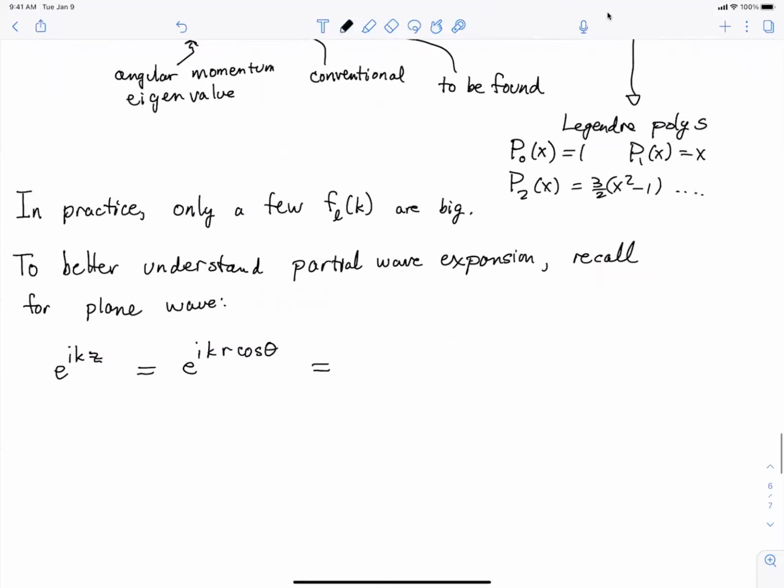And then last semester, we decided that you could write this also, because it's true of any function of cosine theta, you can write it like this. There's our factor of 2L plus 1. This time that's not a convention, that's there for real. And then there was a factor of i to the nth power, and there was a function of spherical Bessel functions of r, and then there was our Legendre polynomial.